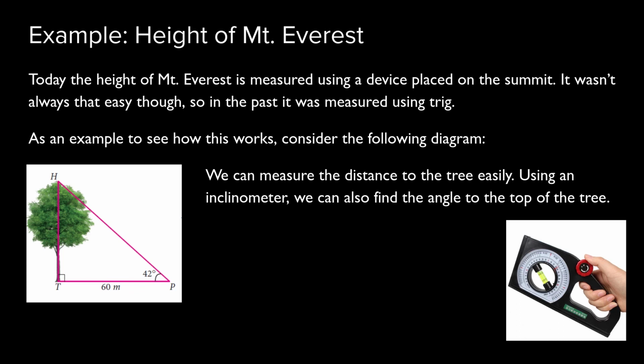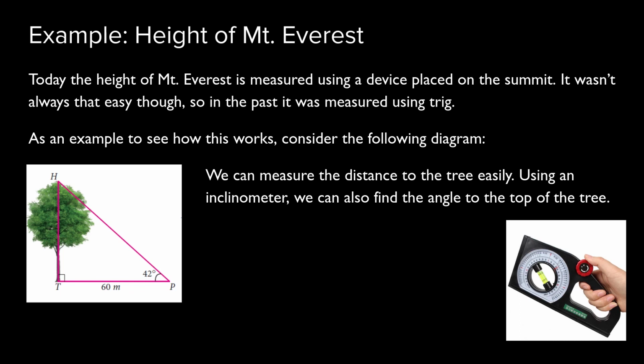So now, based on the 60 meters and the 42 degrees, can we find how tall the tree is? Well, we want to find the ratio between HT, the side opposite to the angle, and PT, the side adjacent to the angle. So what we can use is tangent, which is opposite over adjacent. So we have that the tangent of 42 degrees is equal to the length we're looking for over 60 meters.